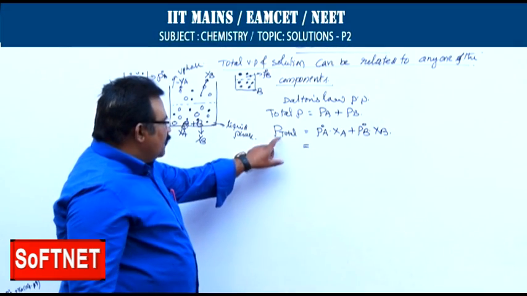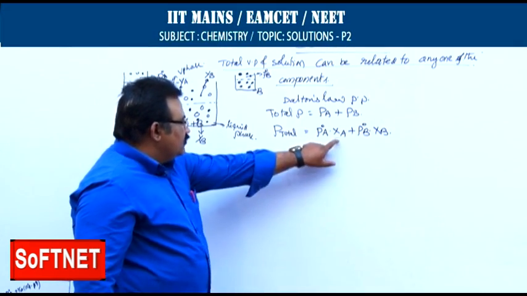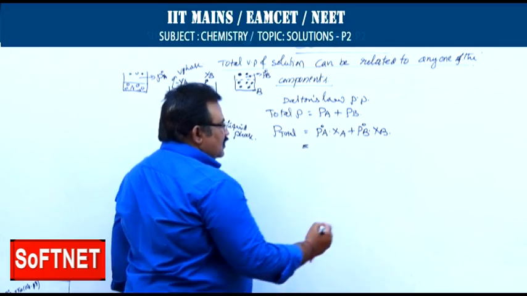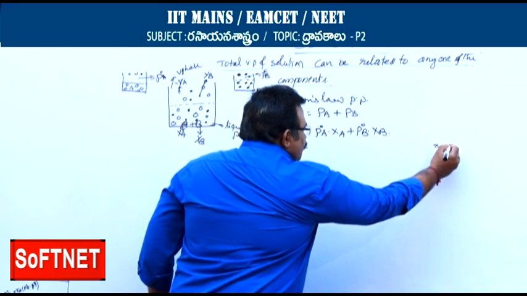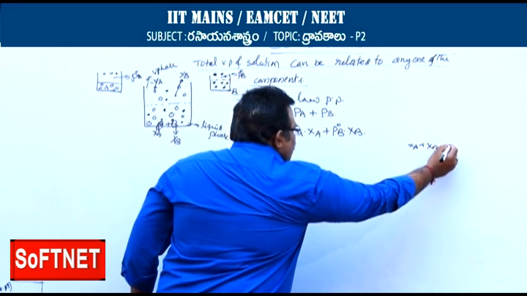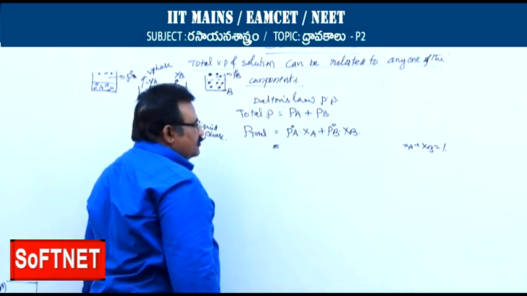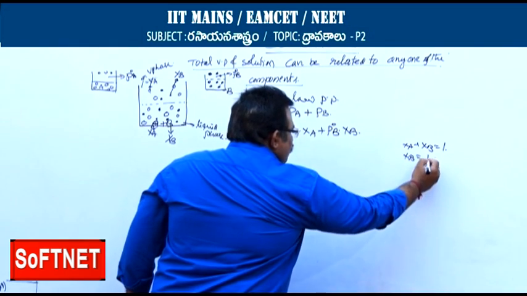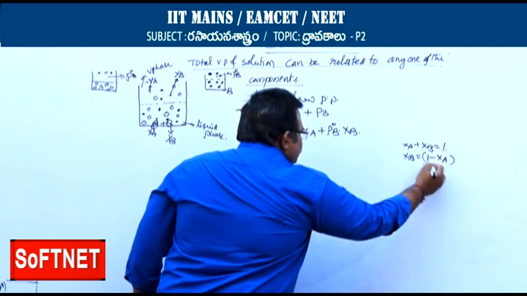If the total pressure with respect to mole fraction A is considered, if XA plus XB is equal to 1, then XB becomes 1 minus XA.